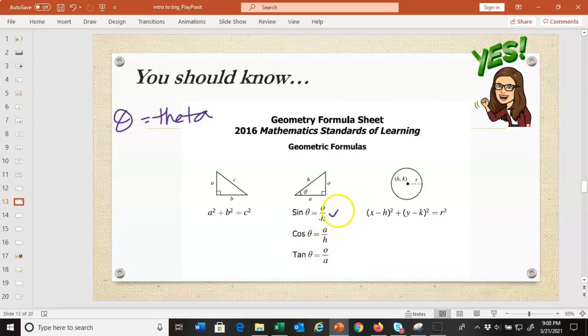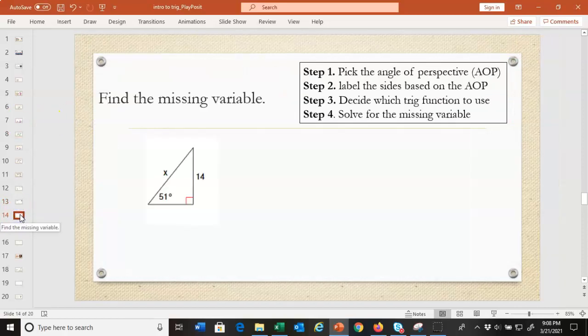So you have the ratios here. It is written slightly different. I mean, not really, but they're using just the first letter, OH, and they're using theta instead of C. So I wanted to point that out to you guys if you were like, what is happening on my formula sheet? Okay, so let's use this to actually solve for some things.